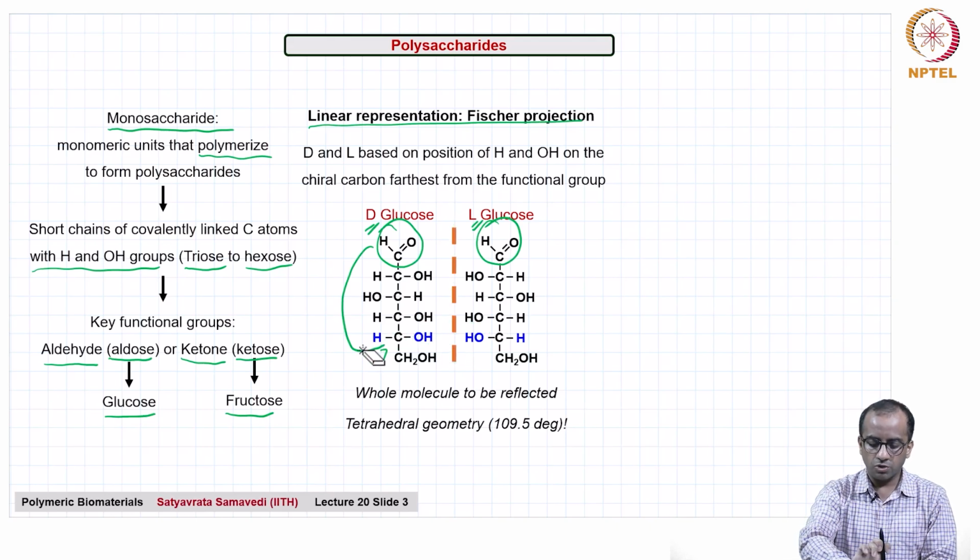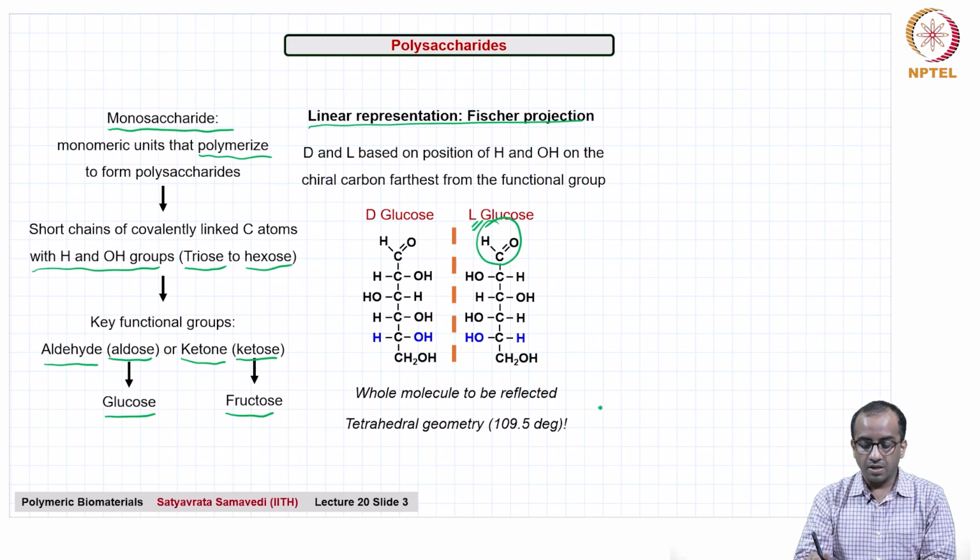Now, a couple of points to note about these isomers. First thing is, they are mirror images, but they are non-superimposable, and typically the example given is those of your hands. They are mirror images of each other, but they are non-superimposable.